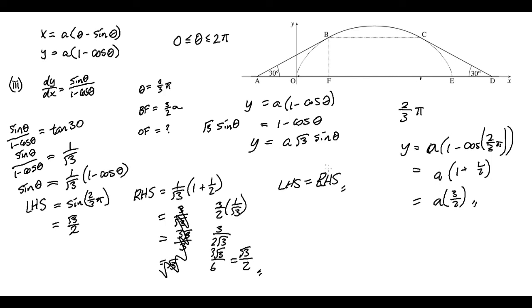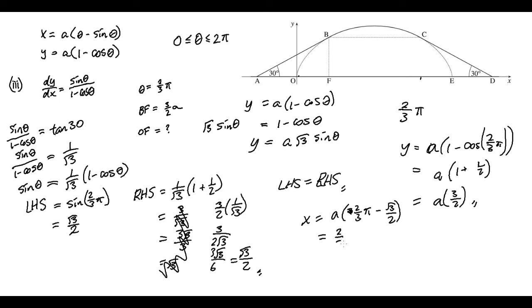Now find OF. OF can be found because we need to find the x coordinate of F, and we know what theta is. Theta is 2/3 pi, so x is equal to a times 2/3 pi subtract sine 2/3 pi, which is root 3/2, and that looks horrible.